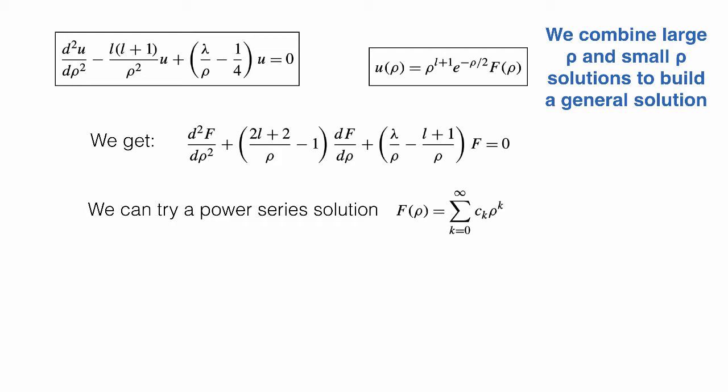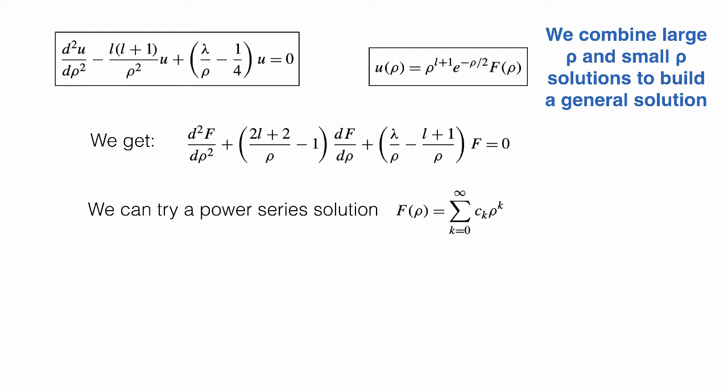Of course, we cannot use any other powers of rho, because if we used negative powers of rho, we would not have the proper behavior at the origin, since we already have the right behavior at the origin, rho to the power L plus 1. So the lowest order that we can add is the zeroth order.